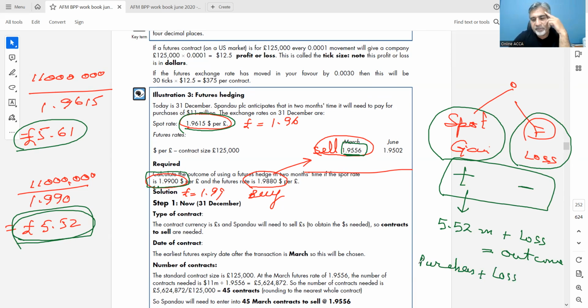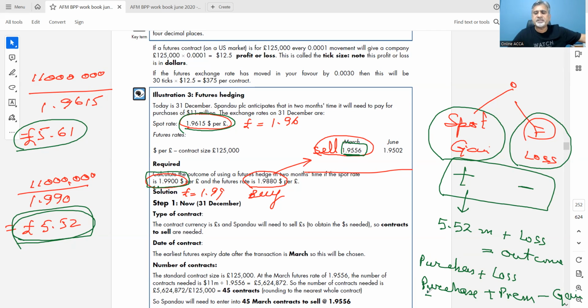In options, I will say, this is my actual purchase from the spot market plus my premium, and the loss I will ignore, because if it is a loss, I will let it lapse. If it is a gain, I would subtract. Gain is my benefit. So if I have to find the outcome in options, what do I do? I will go to the spot market and purchase the dollars.